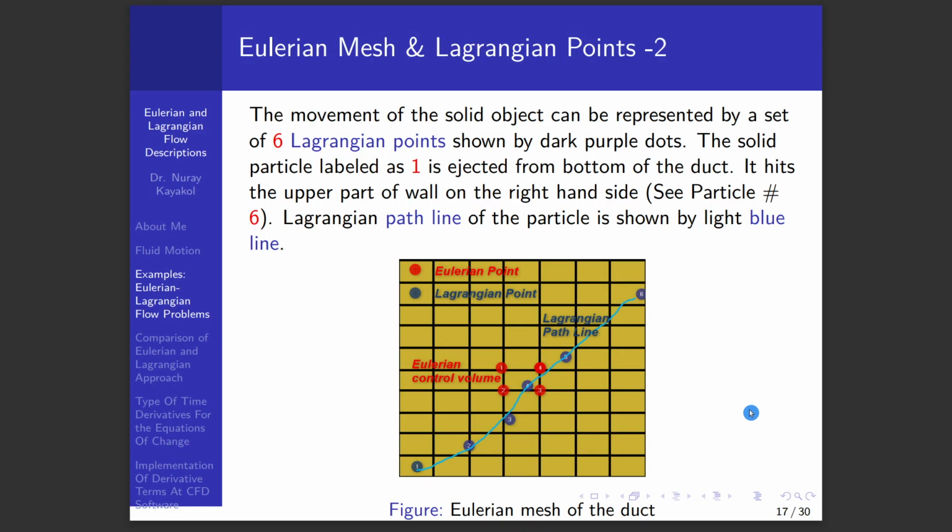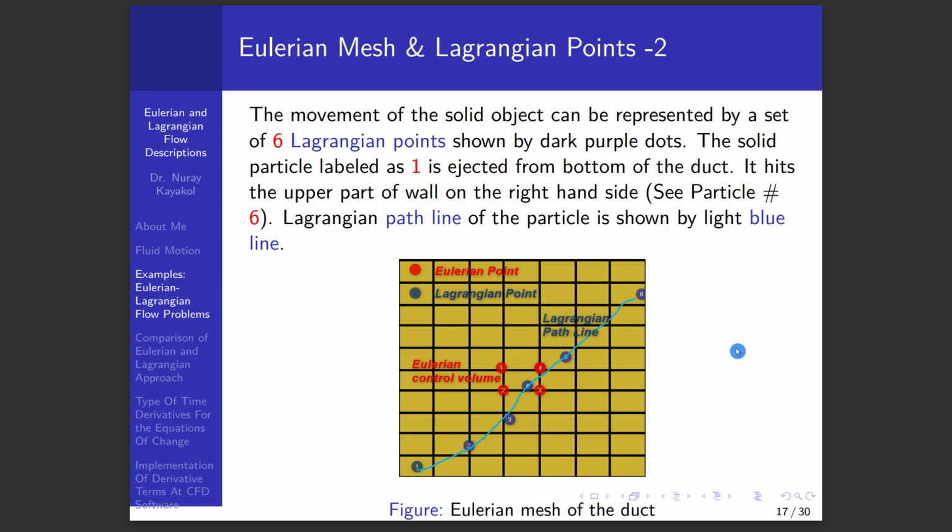Now let's talk about how these particles are ejected. In the program, you have to choose the location of the particle, and then you can define some velocity, and then the program will calculate how this particle moves from 1 to 2 or 2 to 3.